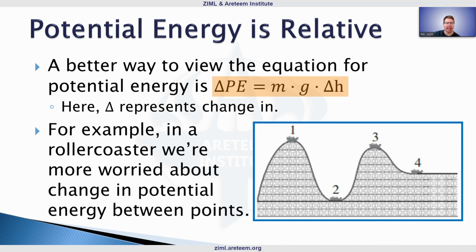And that is pretty clear when you're thinking about roller coasters too. If we're thinking about potential energy between points, we might only care when the roller coaster goes from 1 to 2. What is this change in height from 1 to 2?